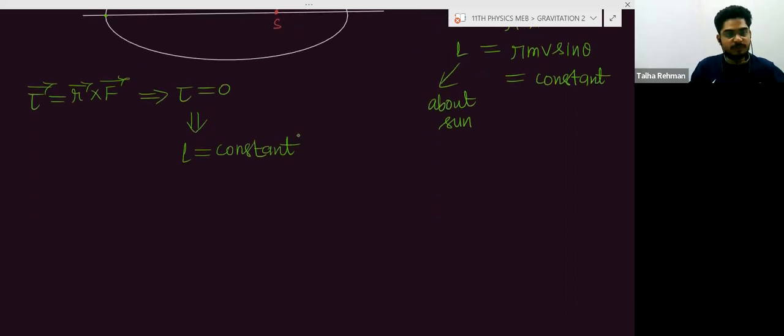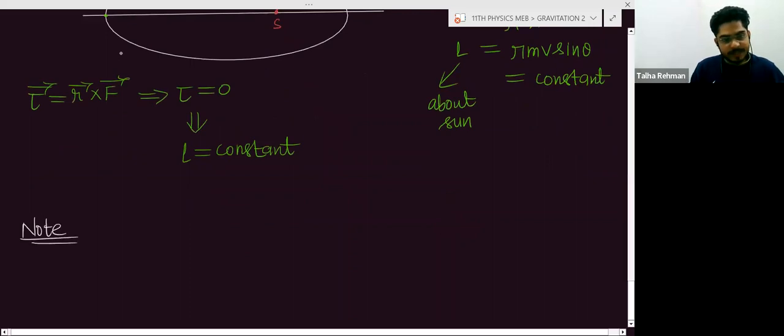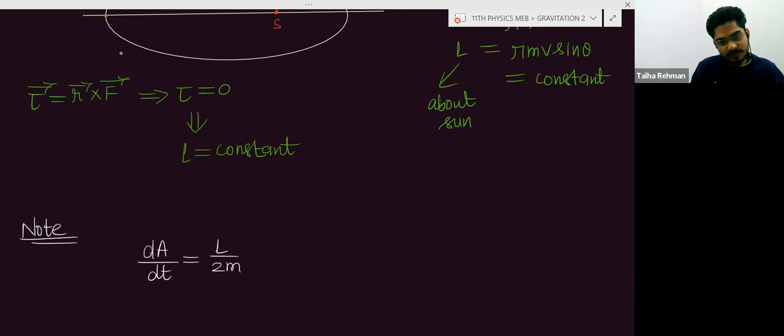One more point is there. The areal velocity dA by dt is equal to the angular momentum divided by 2 times the mass of the planet.